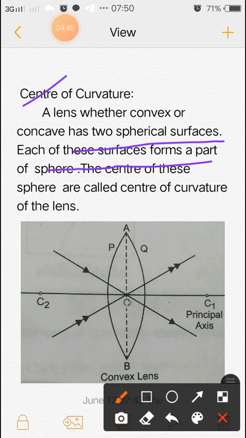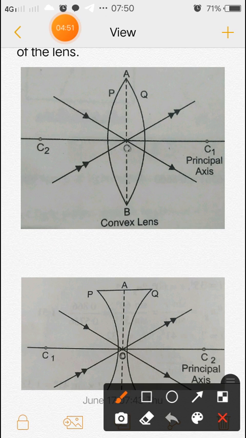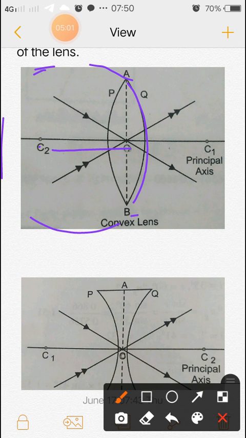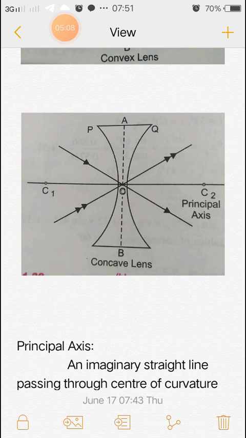You can see from this figure: this portion is a part of a sphere, and if we draw the circle, this is the center. This is called the center of curvature, and this is for a concave lens.